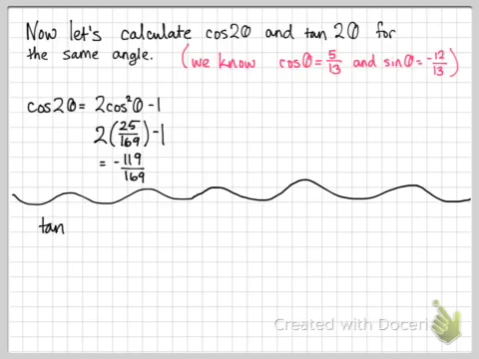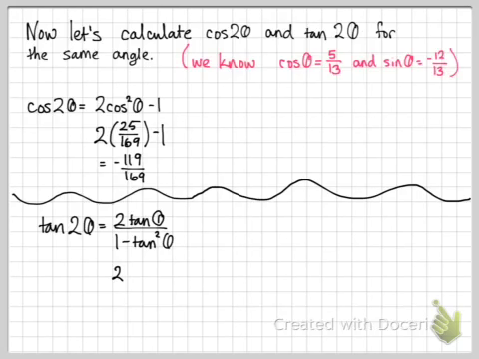169ths. And then remember, there are 3 ways to use cosine of 2 theta. Now let's do tangent of 2 theta. This is 2 tangent theta divided by 1 minus tangent squared theta.